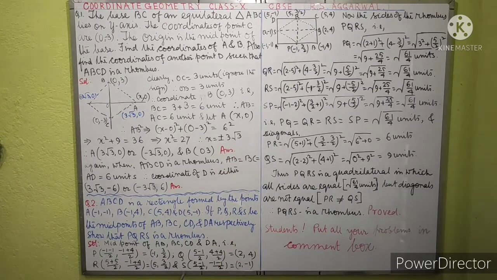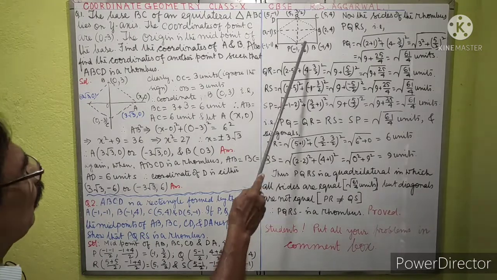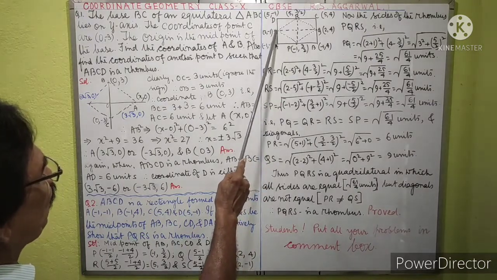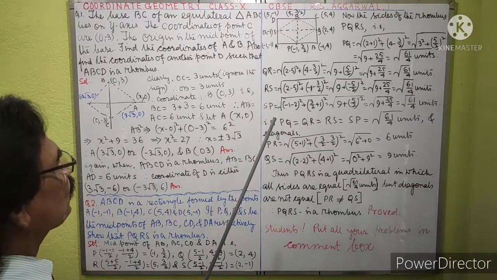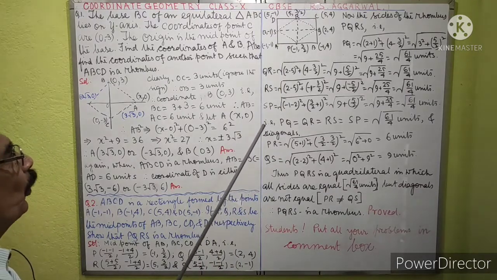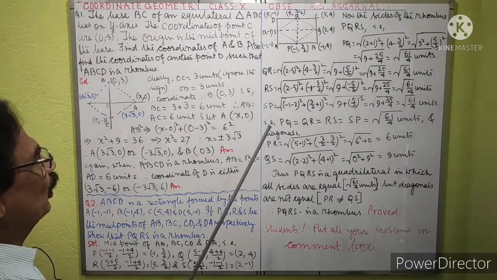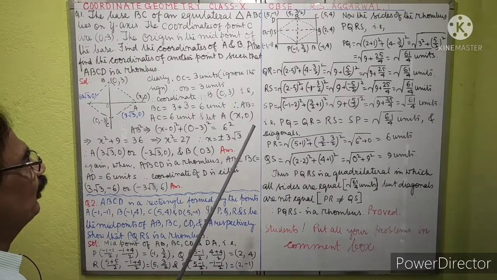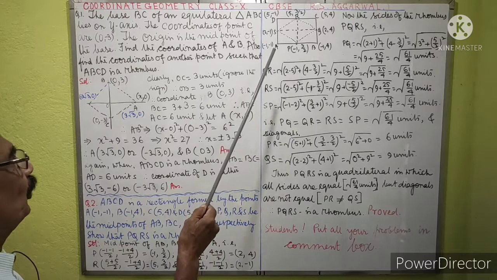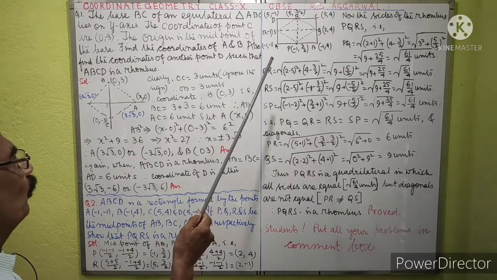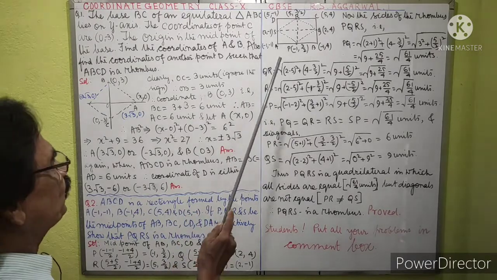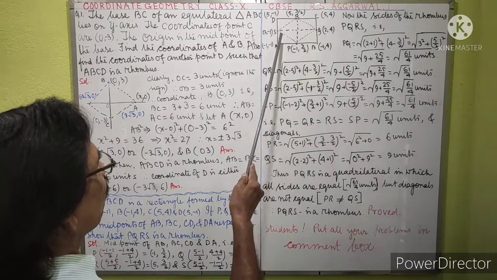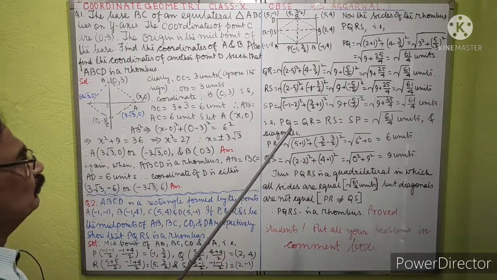And S equals 2, minus 1. So for the midpoints P, Q, R, S of AB, BC, CD and DA respectively, we have got the coordinates of PQRS. Now by joining with dotted lines, this is PQRS.